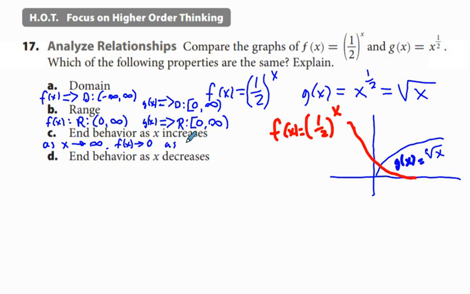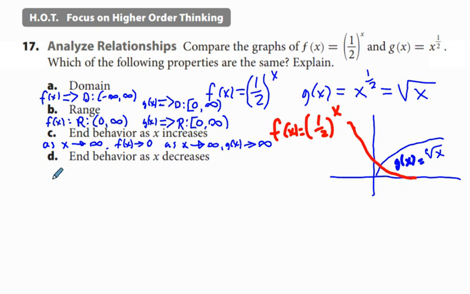As x approaches infinity, g of x approaches, that's the square root function here, approaches infinity. So they are different.